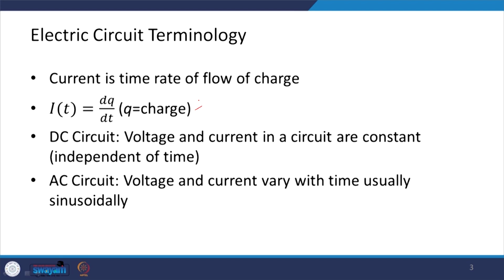DC circuits are circuits where voltage and current are constant, that is, they are independent of time. Whereas in AC circuits, voltage and current vary with time, usually in a sinusoidal way.